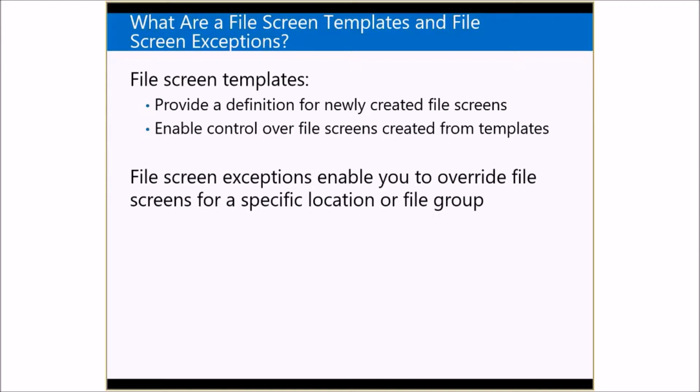So what are file screen templates and file screen exceptions? File screen templates provide a definition for newly created file screens, and enable control over file screens created from templates. So basically, what does that mean? The great thing about using a template is if I use a template to create a quota or a file screen, and later on I realize, hey, that template was a little bit wrong.